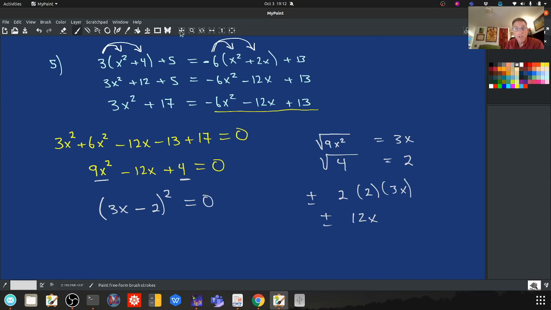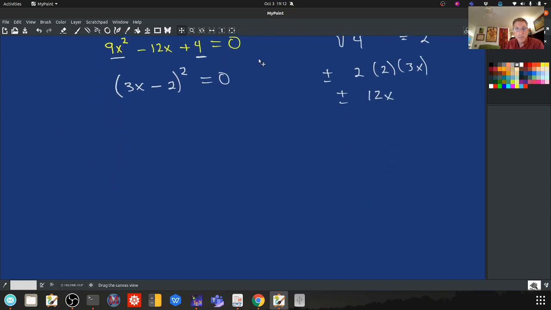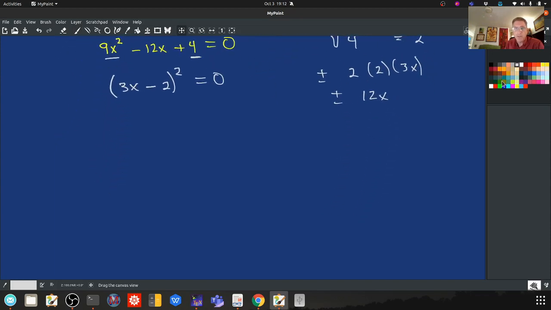So wow, we just got to use something that we previously learned. You could factor it the other way, it might take a while, but that's the way I factored it. Here the only point is to remember that 3x minus 2 squared is the same as 3x minus 2 times 3x minus 2, and that's equal to 0.